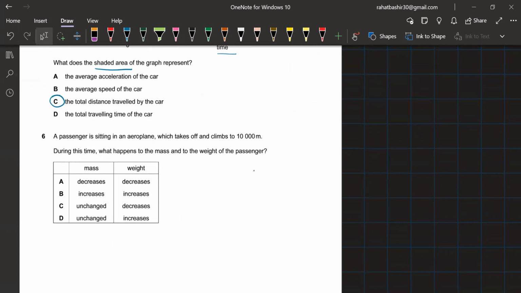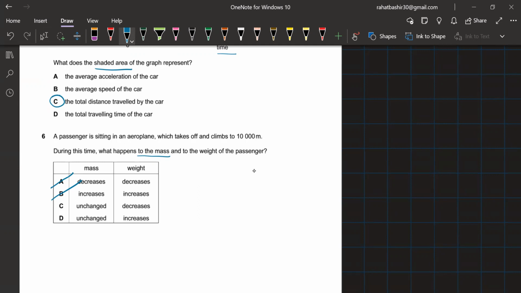Question number 6. A passenger is sitting in an aeroplane which takes off and climbs to 10,000 meters. During this time, what happens to the mass and to the weight of the passenger? So mass always remains unchanged. So option A and option B are not valid. So let's see between option C and D. So the weight cannot increase.